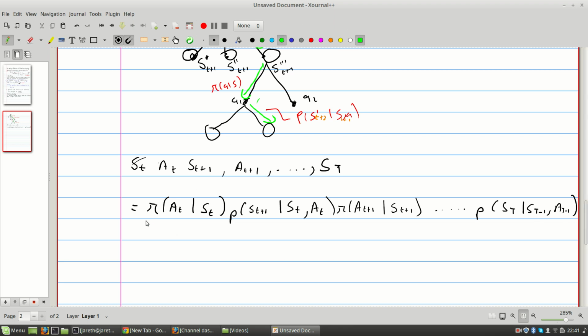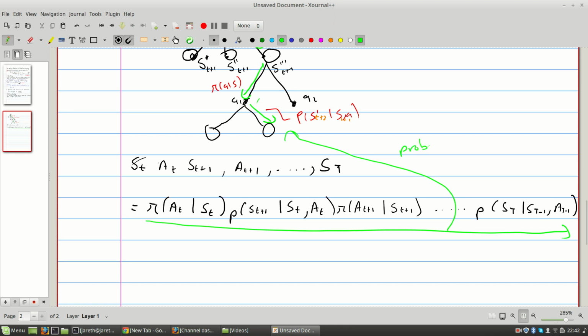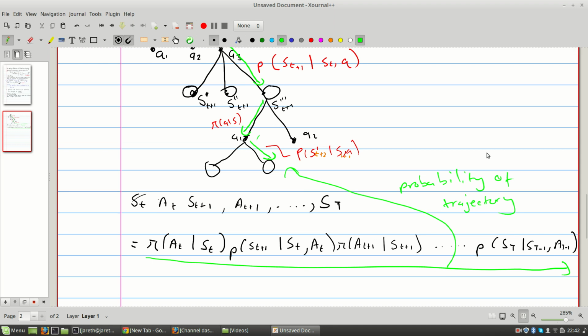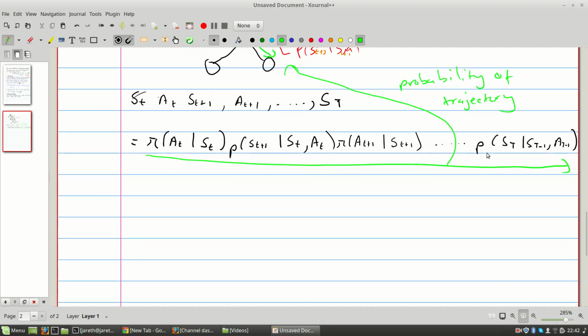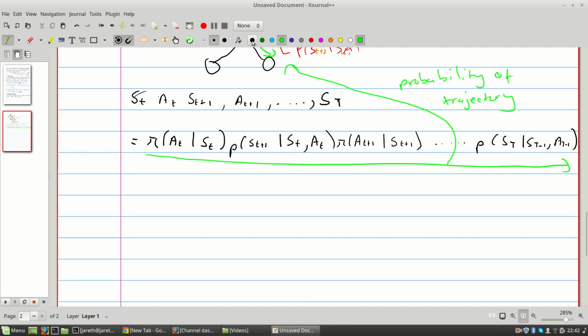So this here is showing the probability of the trajectory. That's what this is showing essentially. Now that we have the probability of the trajectory, we can represent it as follows.